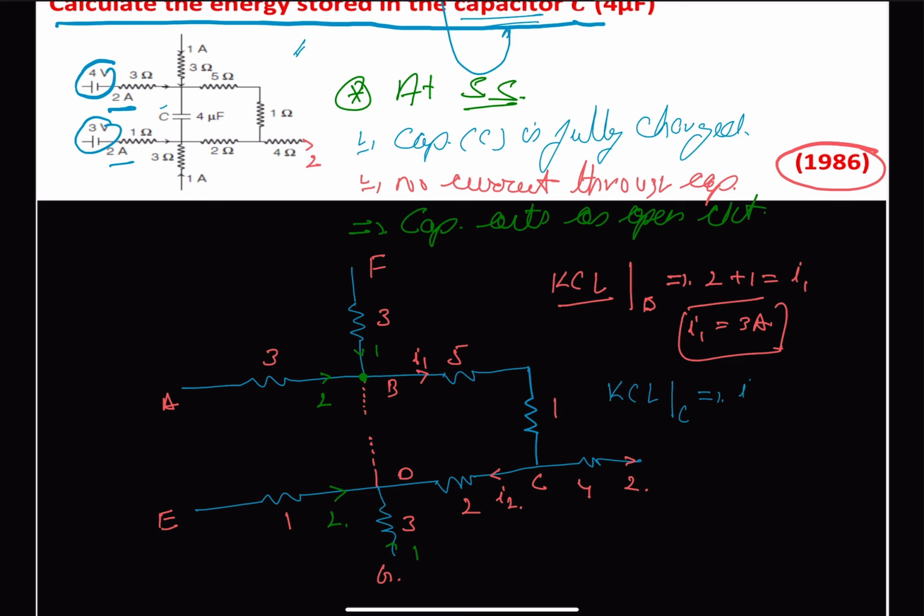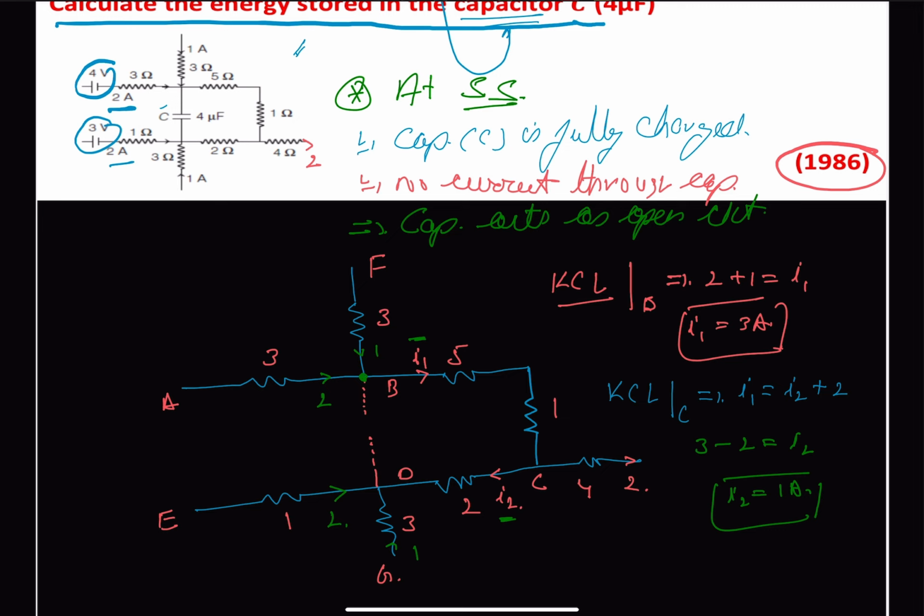So we can say I1 is equal to I2 plus outgoing, that is 2 ampere, and I1 is 3. This comes as 3 minus 2 is equal to I2, which gives us that I2 is equal to 1 ampere. So we found out the value of the current I1 as well as the value of the current I2.